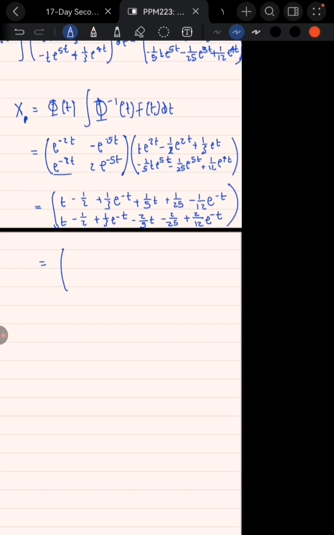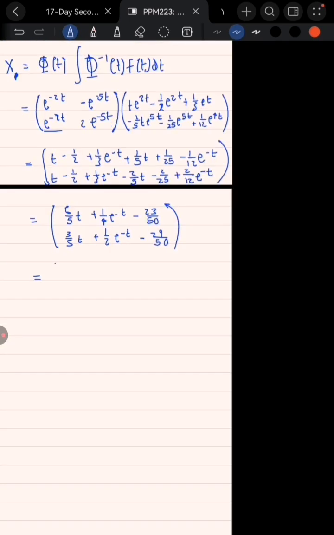Adding up the like terms, we are going to get 6/5 t plus 1/4 e to the power minus t minus 23/50, and 3/5 t plus 1/2 e to the power minus t minus 29/50.